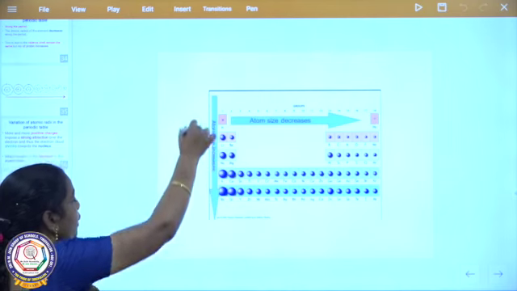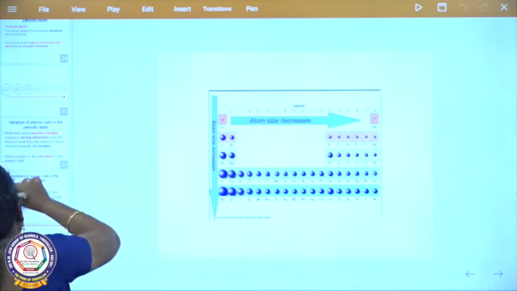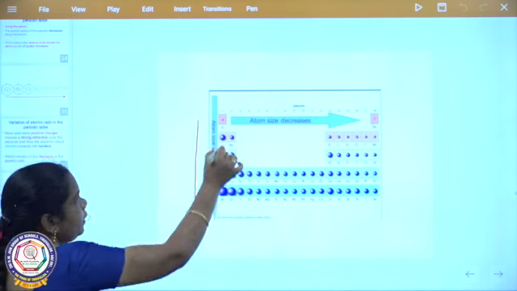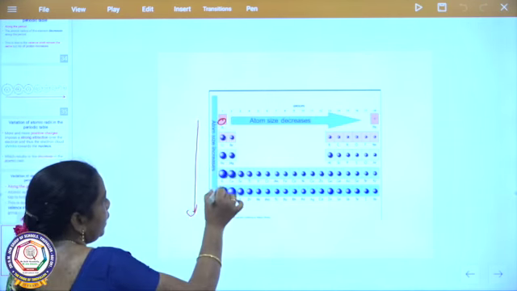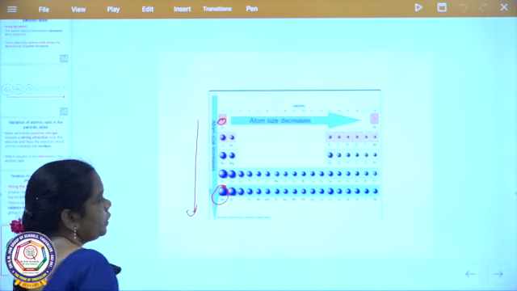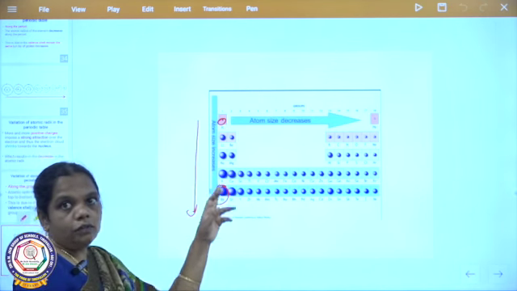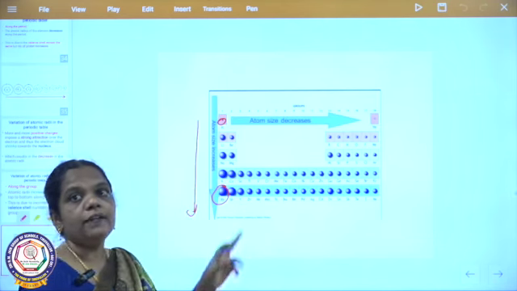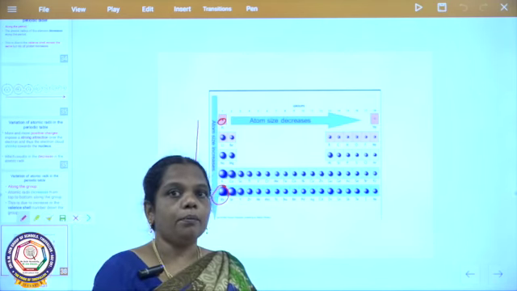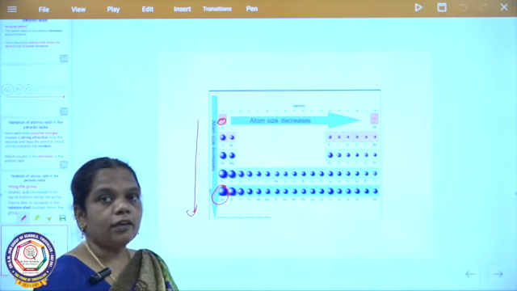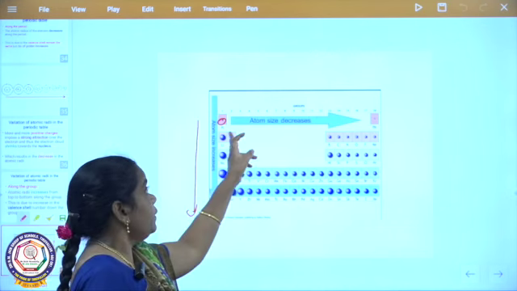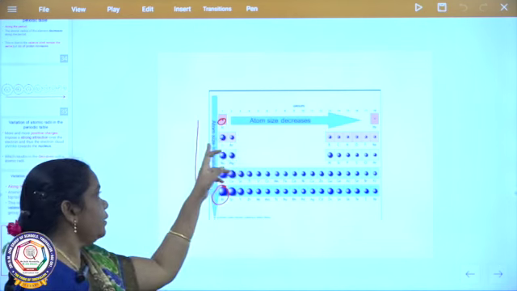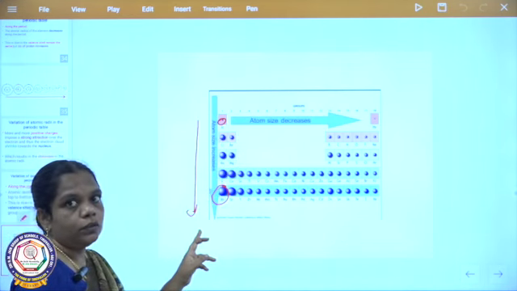Comparing down the group also, you can see the top is very small and rubidium is larger. Even though they are arranged in increasing order of atomic number, the size of an atom decreases along the period and increases down the group.